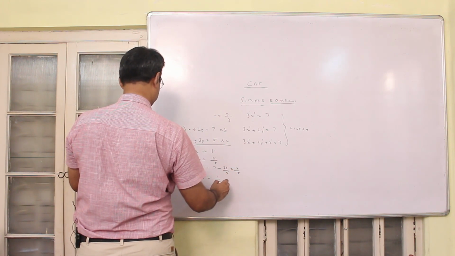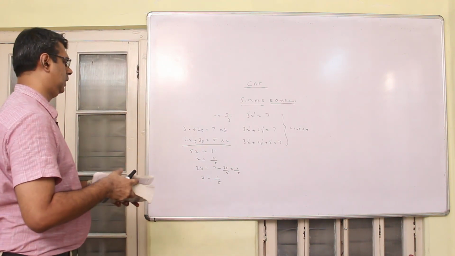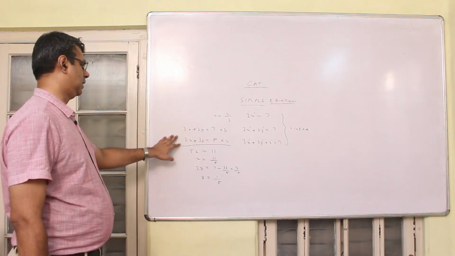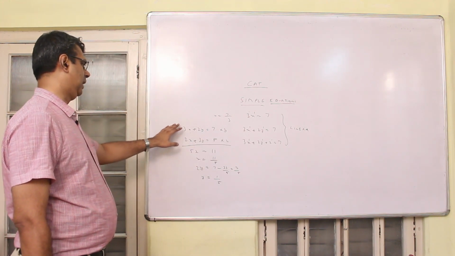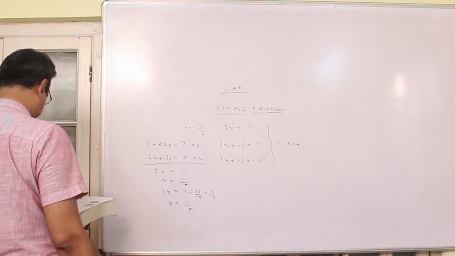So y is coming to 1 by 5. So if you have linear equation in two variables, to solve it you need another simultaneous equation, and then you can eliminate one of them and solve and get the answer.